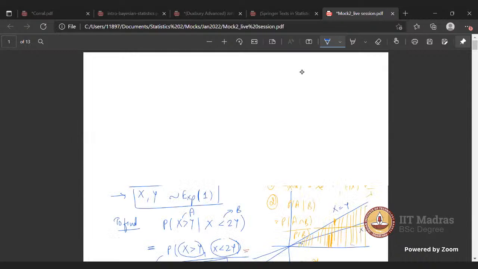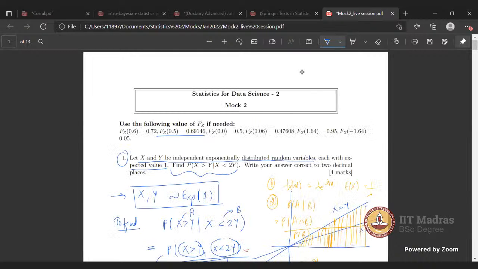This value is not given actually. No, here it's given FZ of 1.64 is 0.95. Yes, but I remember when we learned the confidence intervals, there we were given that FZ of 1.96 is 0.95.